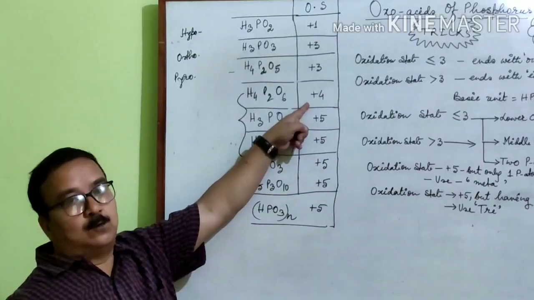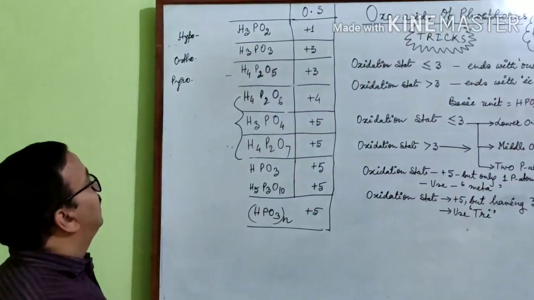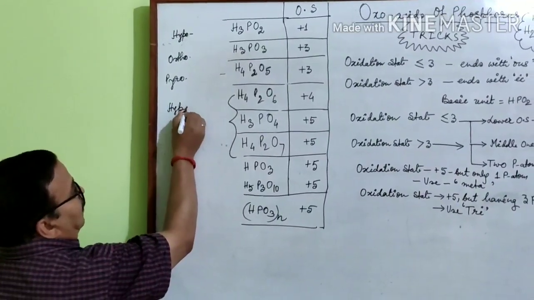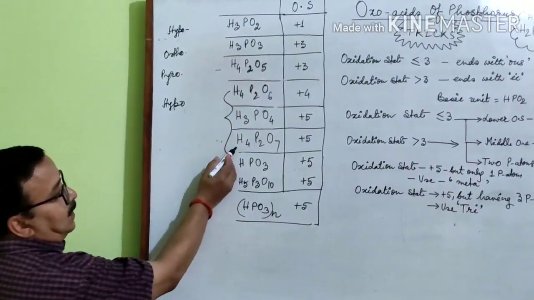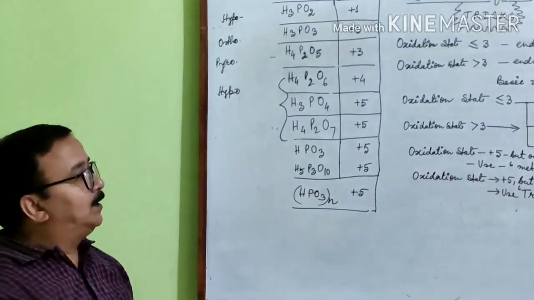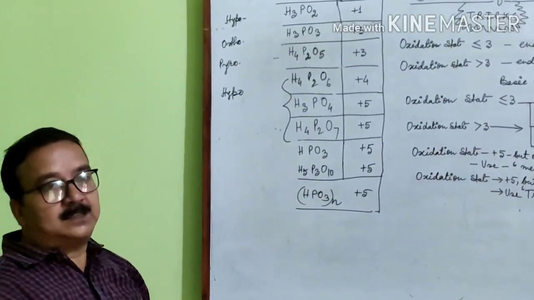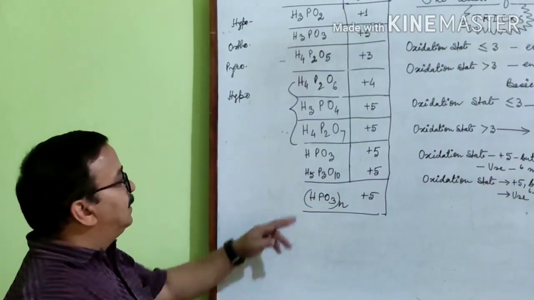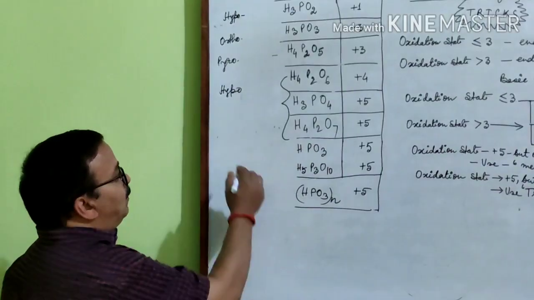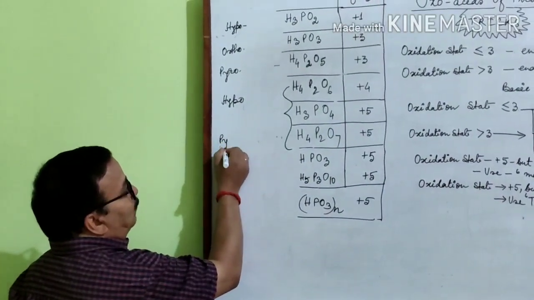So it has the lower oxidation state. Therefore, in this case, we will use the term hypo. Here H4P2O7, oxidation state is +5. It has oxidation state more than 3, and here two phosphorus atoms are there. Therefore, we will use the term pyro.